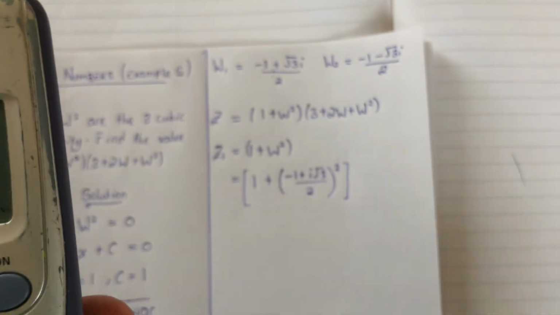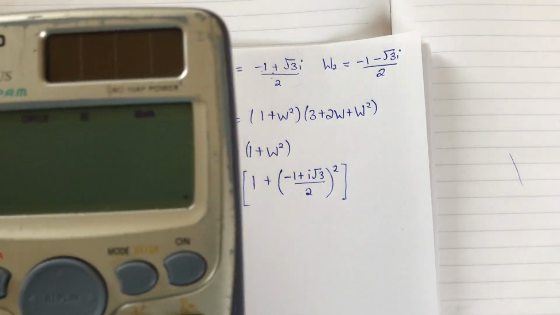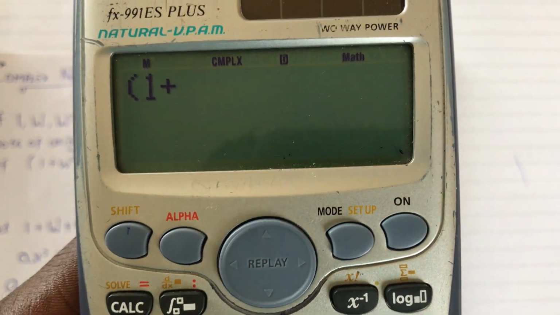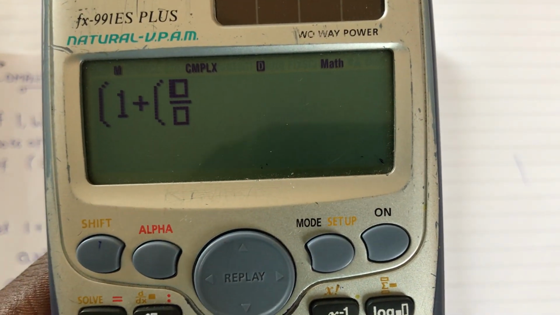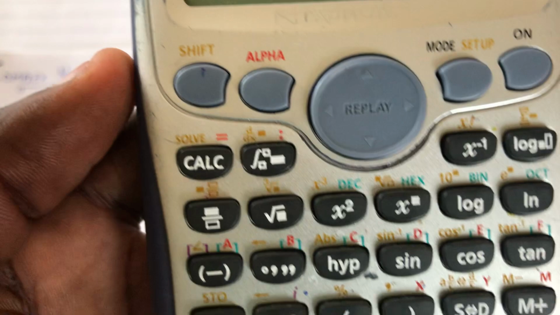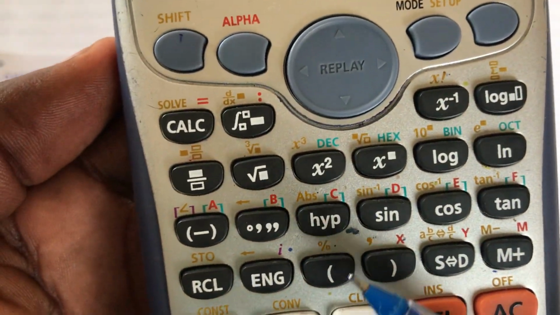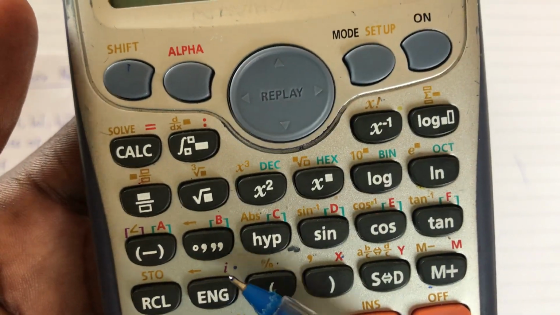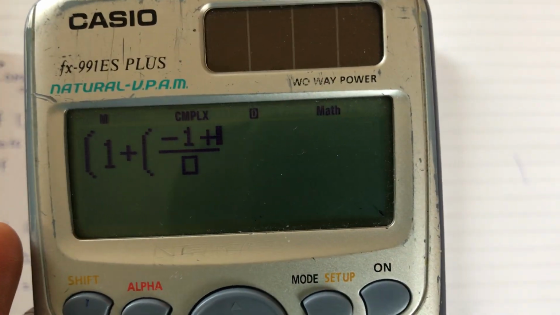Now we can punch the whole function on the calculator. So this is my bracket 1 plus another bracket -1 plus i. This is your complex notation i, so you press shift and then press on it to activate it.